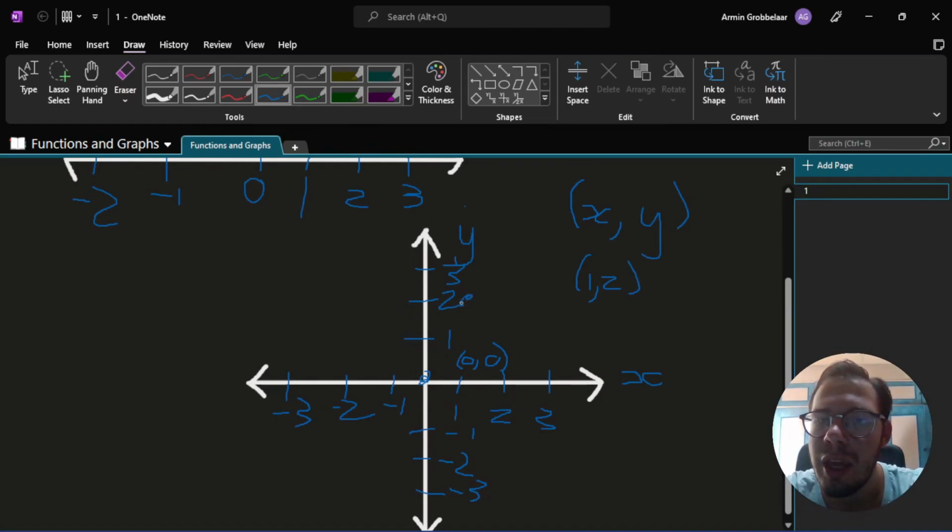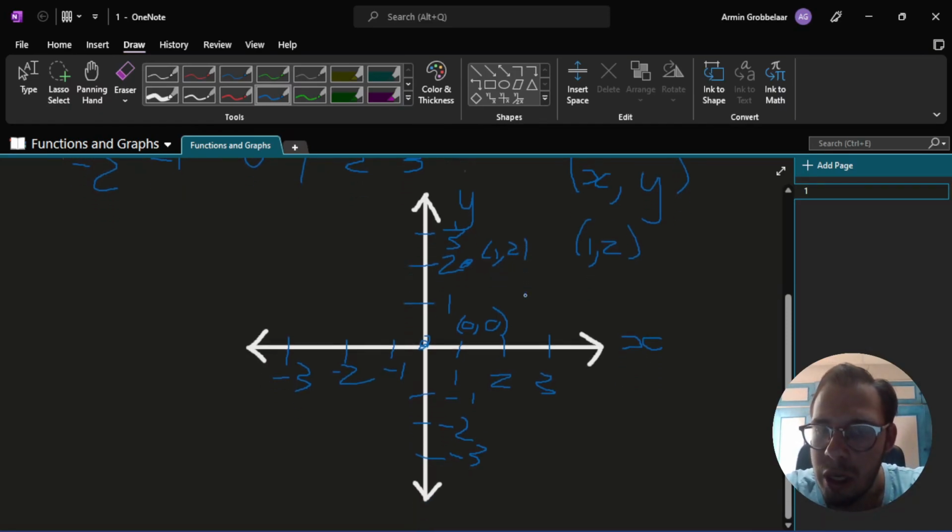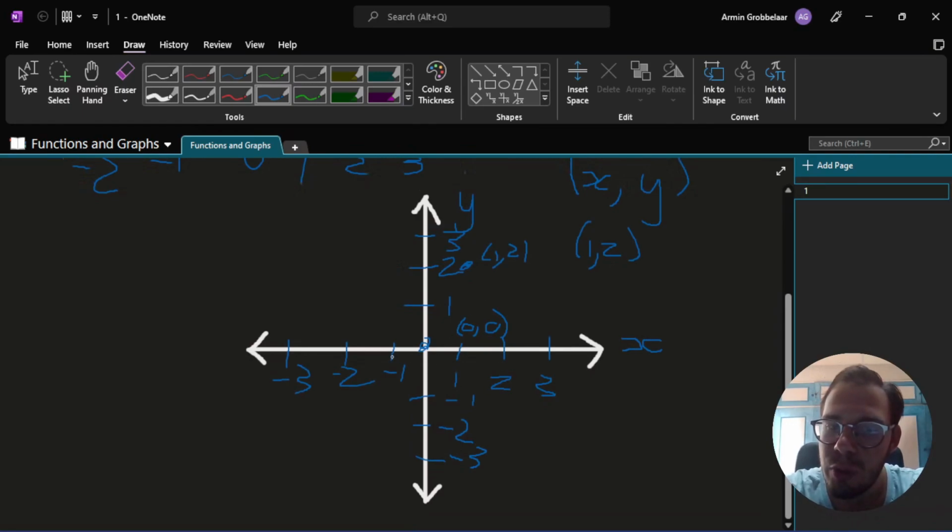So that point there is the point 1, 2. So the same we can do. Let's say we have a point 2, -3. So then we go to the 2 at the positive x-axis, and we go down 3. So that point there is the point 2, -3.